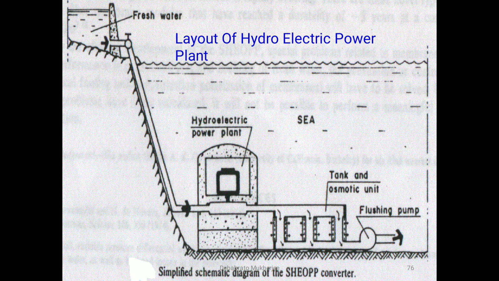If I talk about the working principle of a pump storage plant or a hydropower plant, then I should say that water from the reservoir, fresh water with a high pressure, this is a valve.